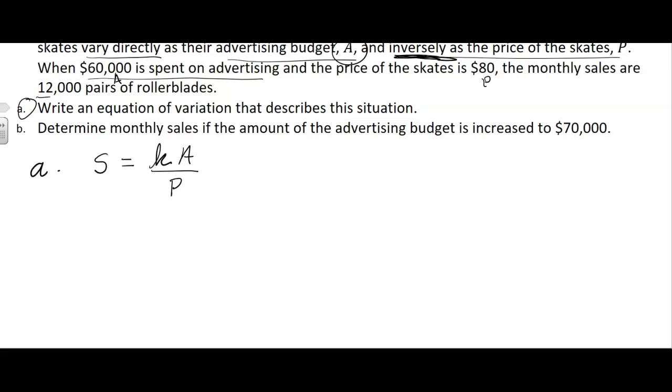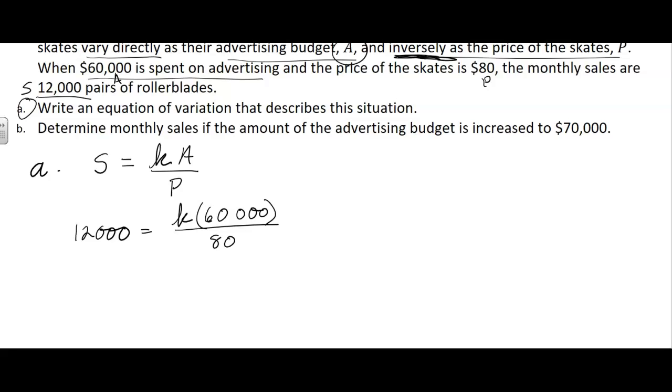Okay. Then we're selling 12,000, that's S, pairs of rollerblades. So our sales are at 12,000. We don't know what K is, but we're going to figure that out. A, the budget for advertising, was 60,000. And the skates sell for $80.